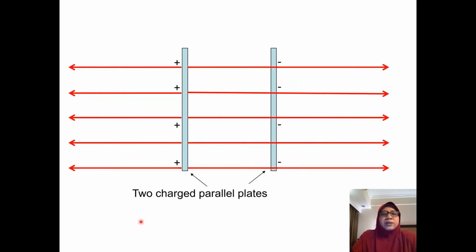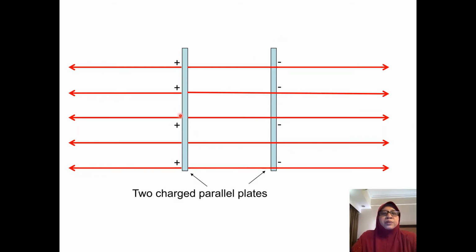Okay, so how do we get the electric field direction pattern just now for the plates? One is a positively charged plate, another one is a negatively charged plate.